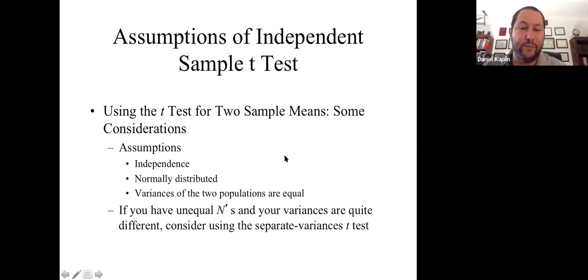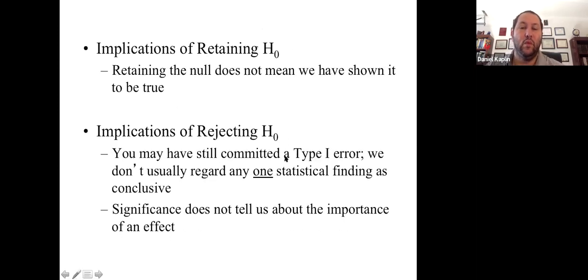Now, what does it mean if we accept or retain the null hypothesis? Retaining the null does not mean we've shown it to be true. It just means that our test was not sensitive enough to detect significant differences. So we haven't proven anything if we accept or retain the null.